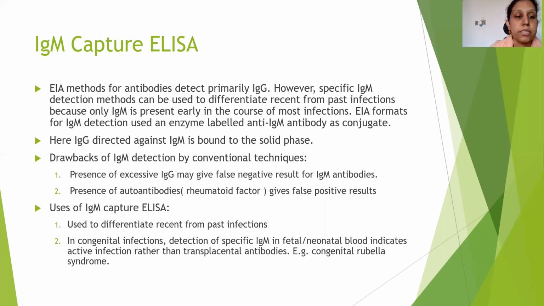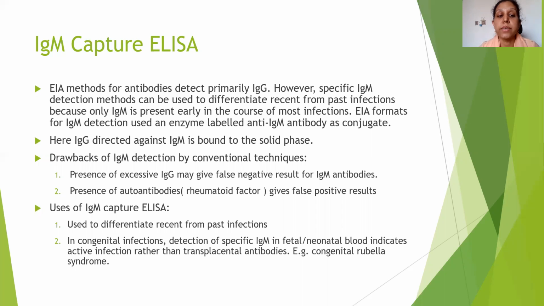And enzyme immunoassay formats for immunoglobulin M detection use an enzyme labeled anti-immunoglobulin M antibody as conjugate. Here, immunoglobulin G directed against immunoglobulin M is bound to the solid phase.